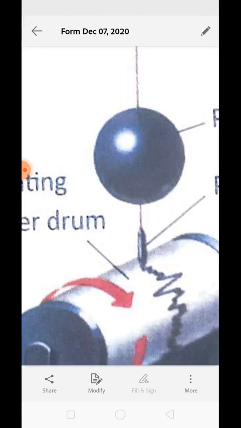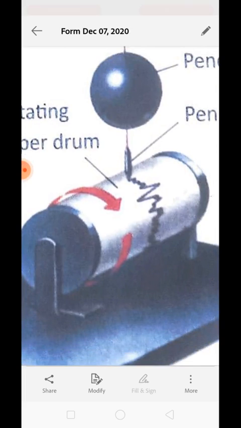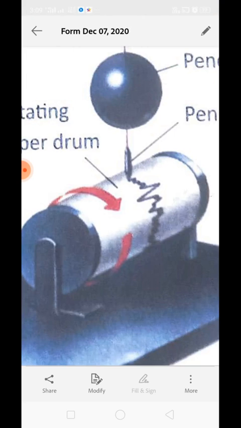A long and thin strip of paper rolls on a drum. See over here, this is a drum on which paper is going to get rolled, allowed to move under the vibrating pen, so that the pen leaves the mark of vibration on the strip. You can see the mark over here on the paper.